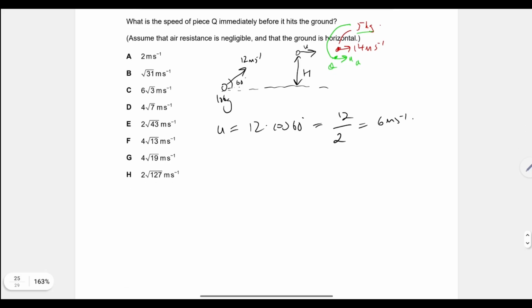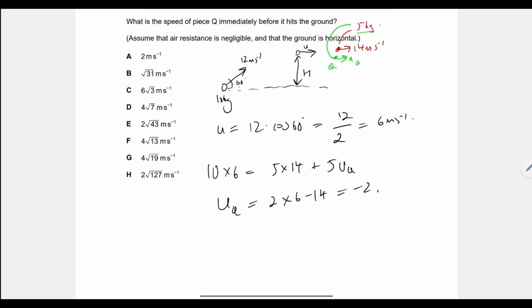So now we can conserve momentum in the horizontal direction to find UQ. So we get 10 times 6 equals 5 times 14 plus 5 UQ. That means UQ equals 2 times 6 minus 14, which is minus 2 meters per second. So Q is actually going to be moving this way at 2 meters per second.